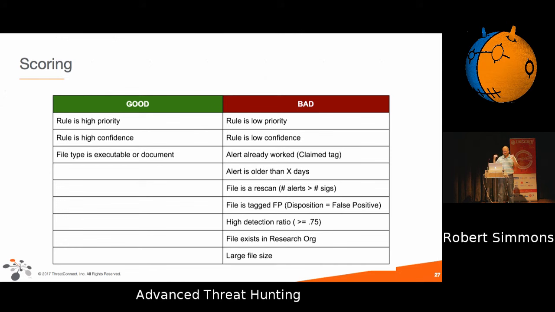That way you've got a calculated weighted score that you can apply to each one of the files that match your YARA rule. And at that point, you can order the output by the score, and then you could have your team picking things off from the top of that queue.